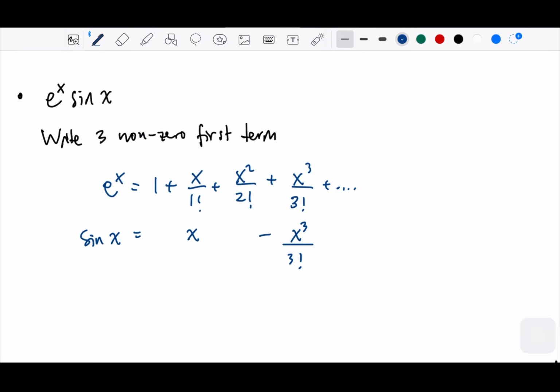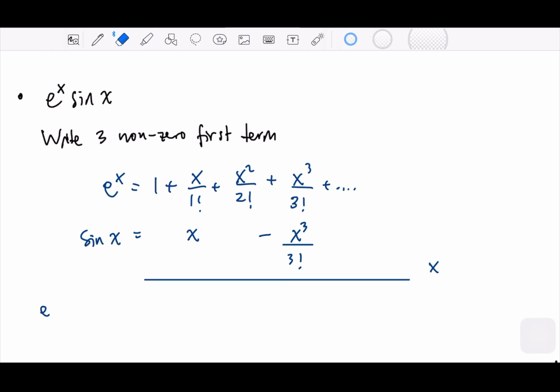Okay, and then we are going to multiply all this. So we are able to write down this multiplication of e to the x and sine x. Basically we are going to multiply all this with this, right? And multiply the other part.